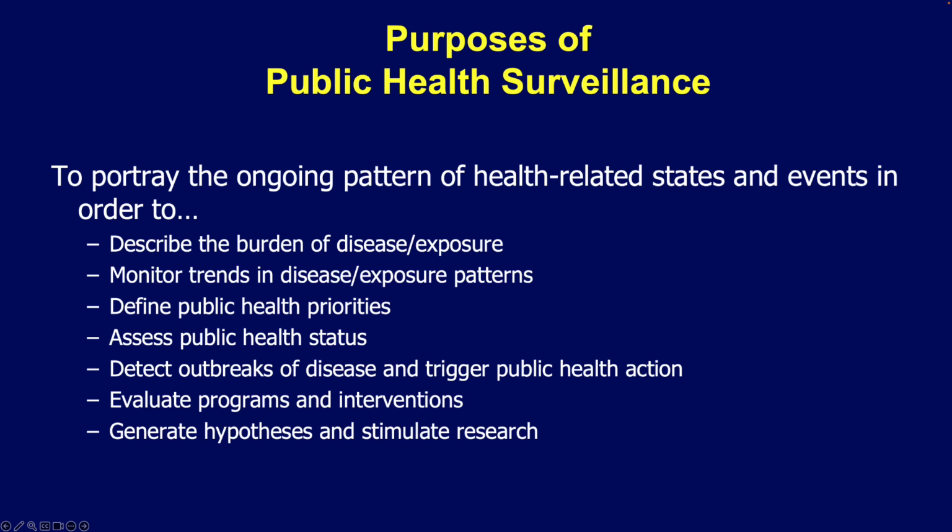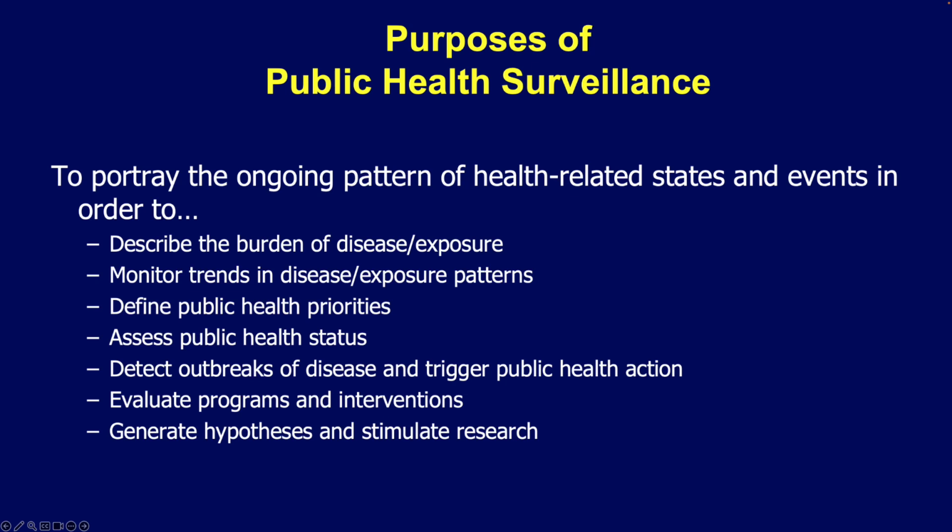So there has to be some way to prioritize what issues are most important and what issues will benefit the most from having limited public health resources focused on them, to assess public health status, to detect outbreaks of disease and trigger public health action. This is very important. As we've seen with the COVID-19 pandemic, the longer it takes to detect an outbreak that's happening and to act on the existence of an outbreak, the more problems and issues that can happen as a result.